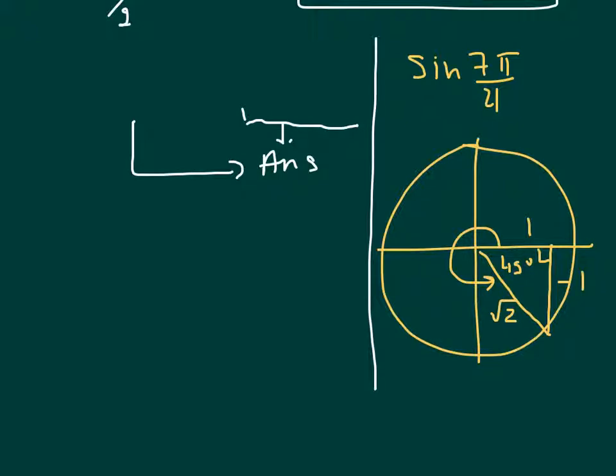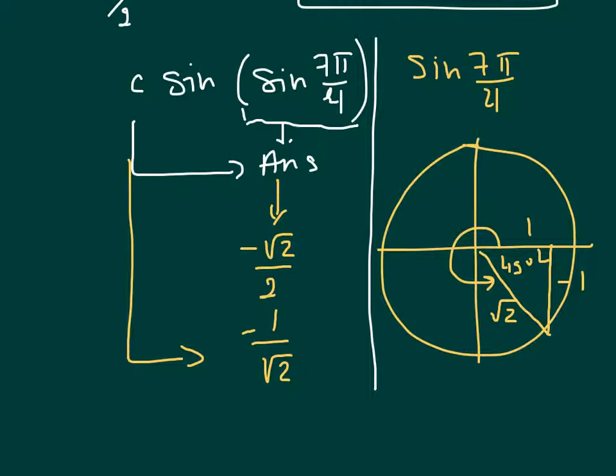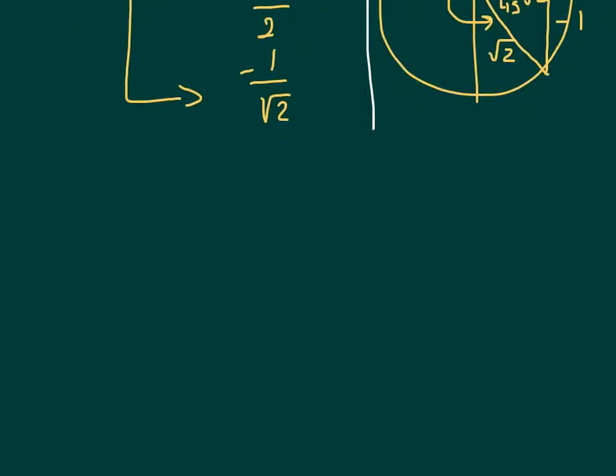The sine of 7 pi over 4, this part right here is going to give you negative rad 2 over 2, or you can give me as negative 1 over rad 2. So the question becomes, what's arcsine of this? We're going to ask ourselves the question, what's arcsine of negative 1 over rad 2? Call this an angle.